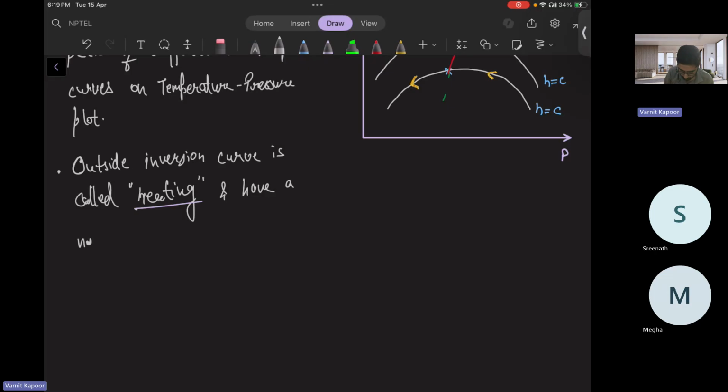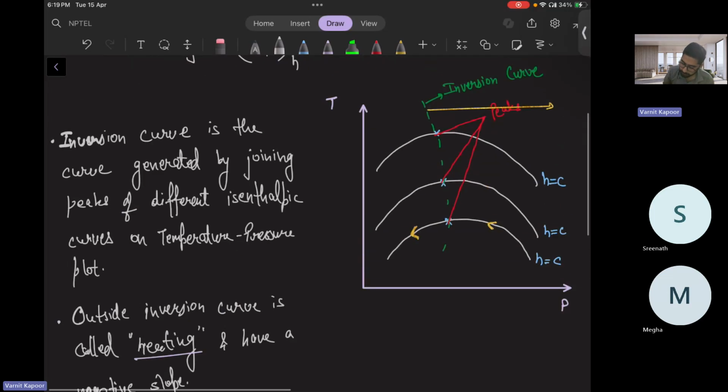How? If you observe, this is the slope ∂T/∂P for a constant enthalpy curve. Any of the curves, this slope is mu J, that is the Joule-Thomson coefficient.